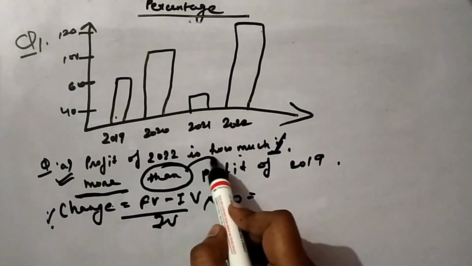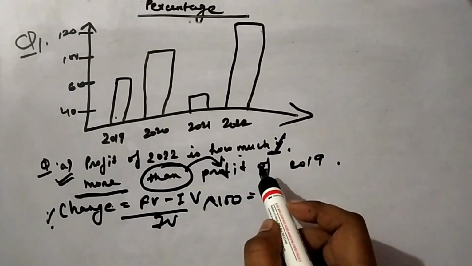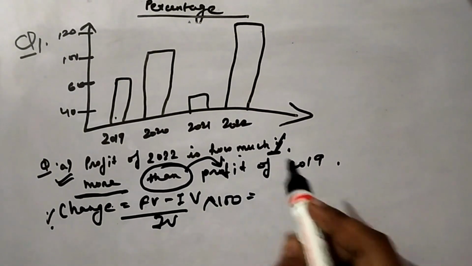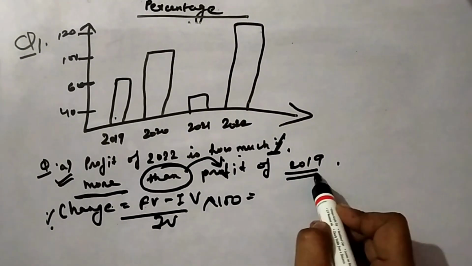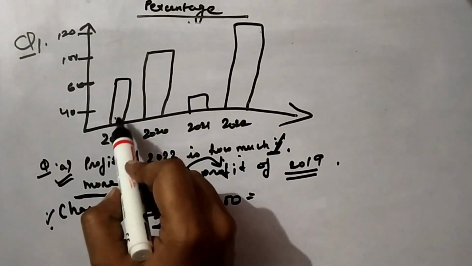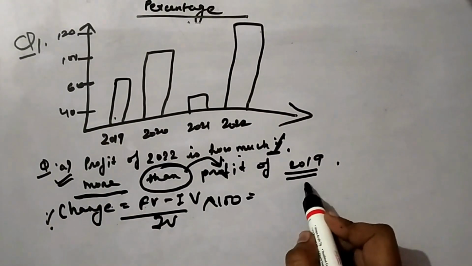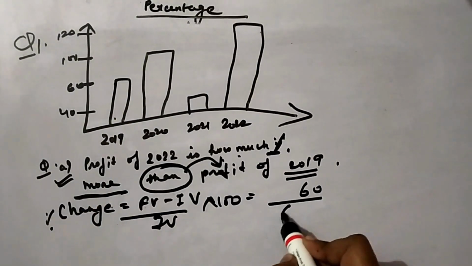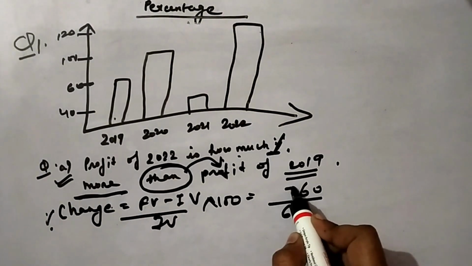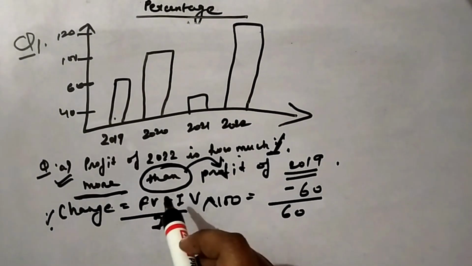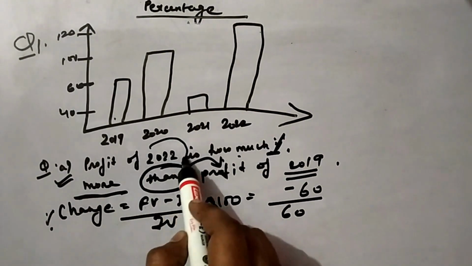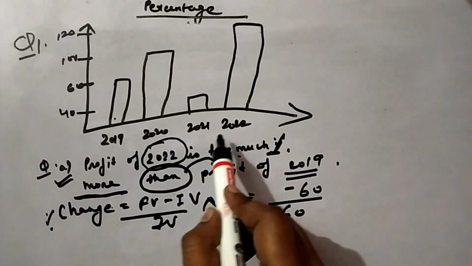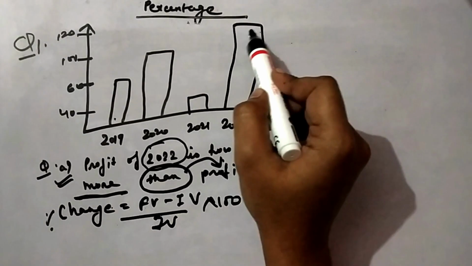Then, whatever comes after 'then' becomes our initial value. After 'then' is 2019, so the value of 2019 is 60, so 60 has become the initial value. Now what will be the final value? It is asking about 2022, so 2022 is 120.